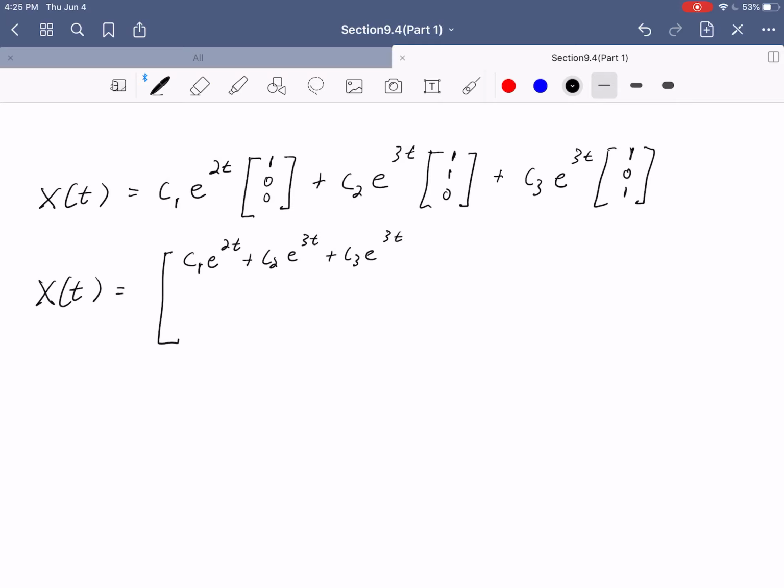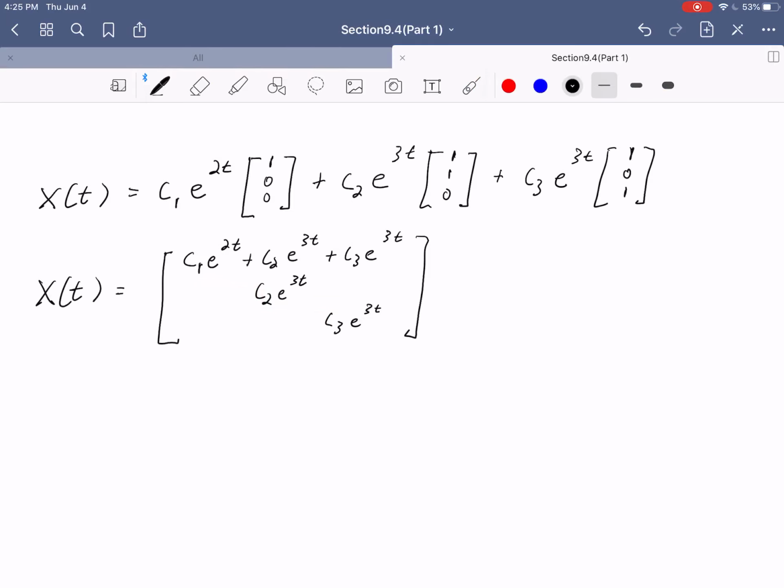And then in the second component, we're just going to get C2 e to the 3t. And in the third component, we're just going to get C3 e to the 3t. So that's what this would look like as a vector function. Obviously, I could just scoot these over, but just to keep everything nicely aligned.